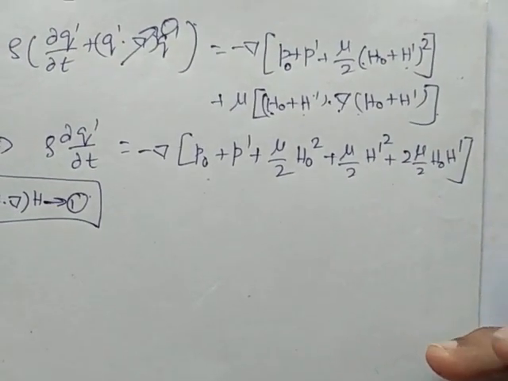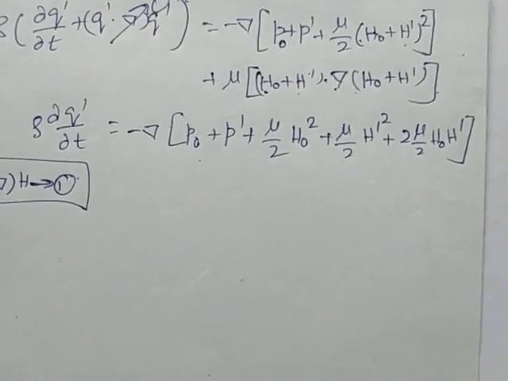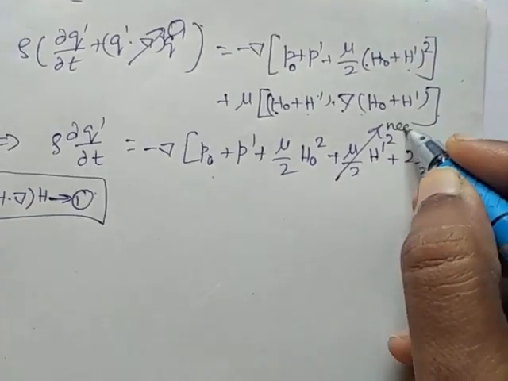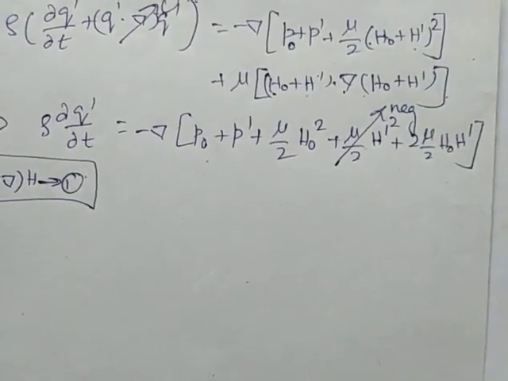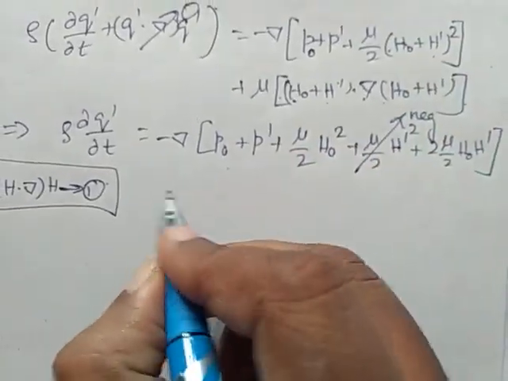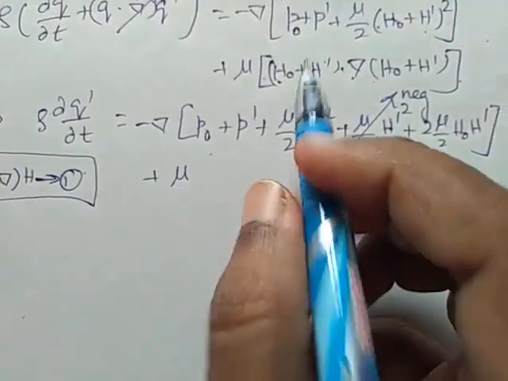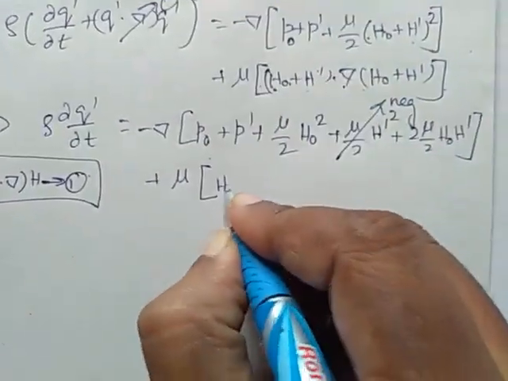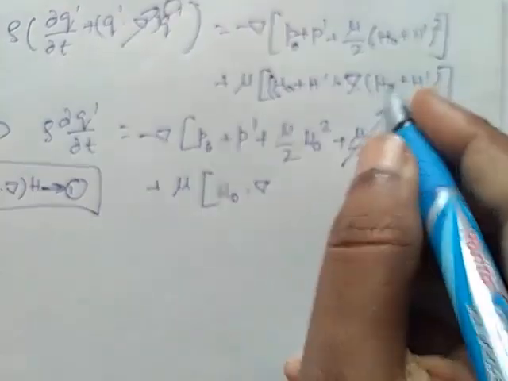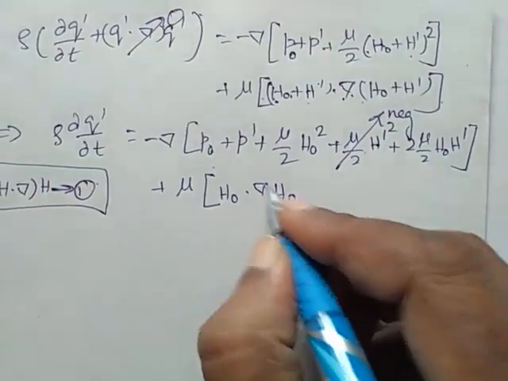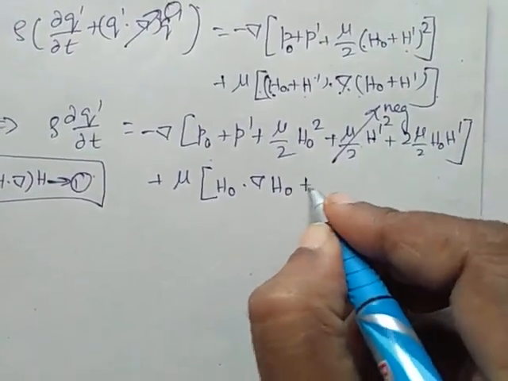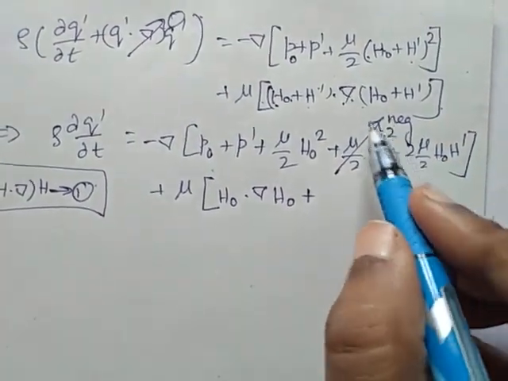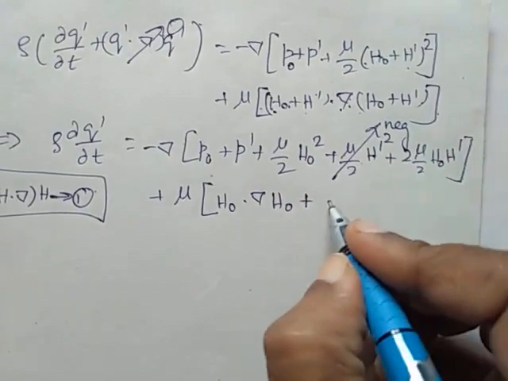So already I have mentioned, perturbed values are very small. Therefore, square terms we are neglecting. So I have neglected this term. So what about the next term? Plus mu of, here we will have H naught dot del H naught, plus here we are having H naught dot del H dash.